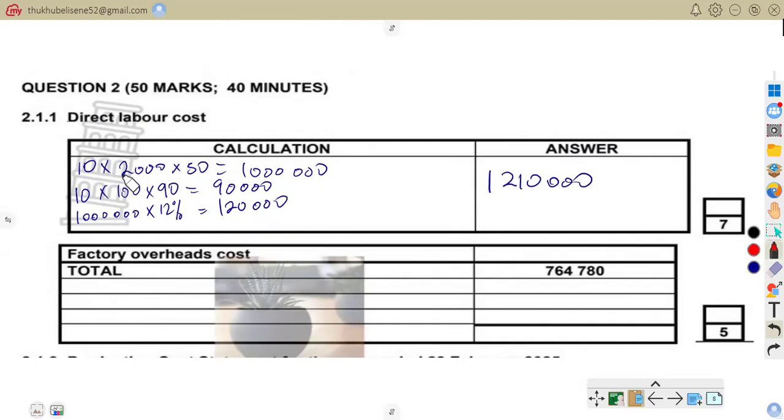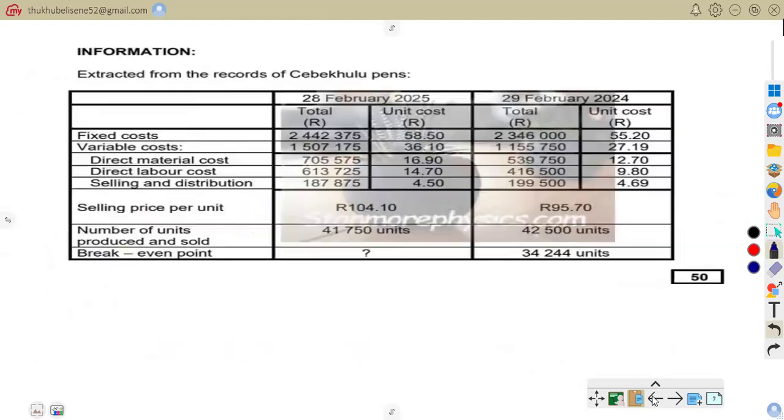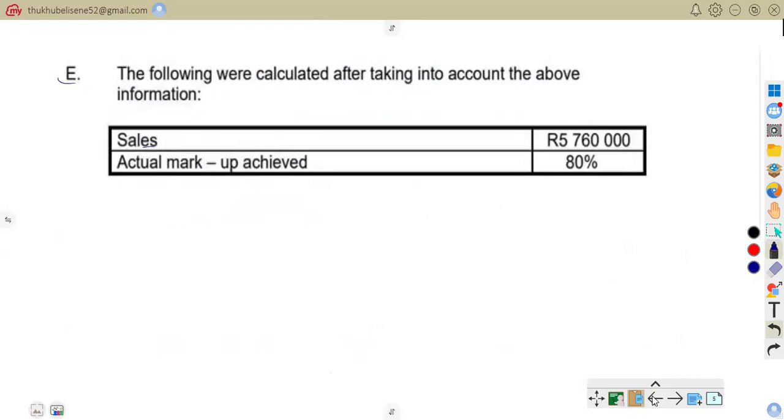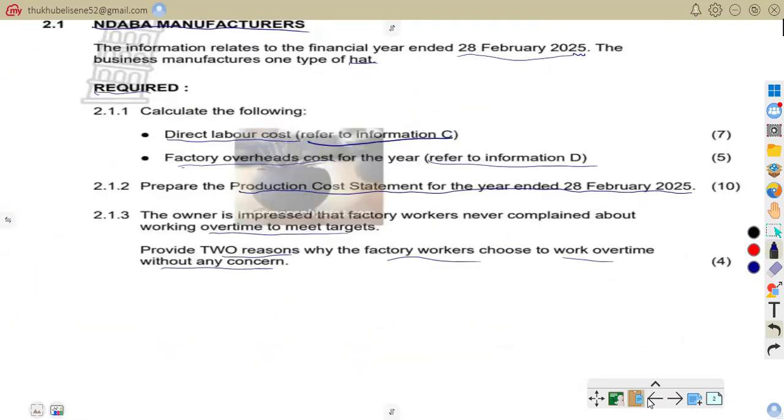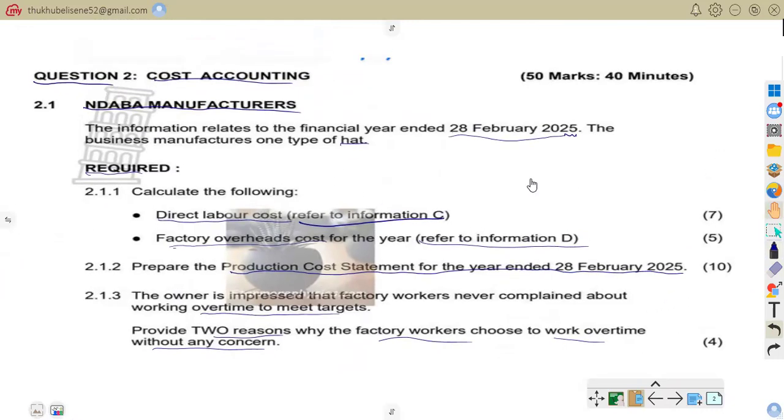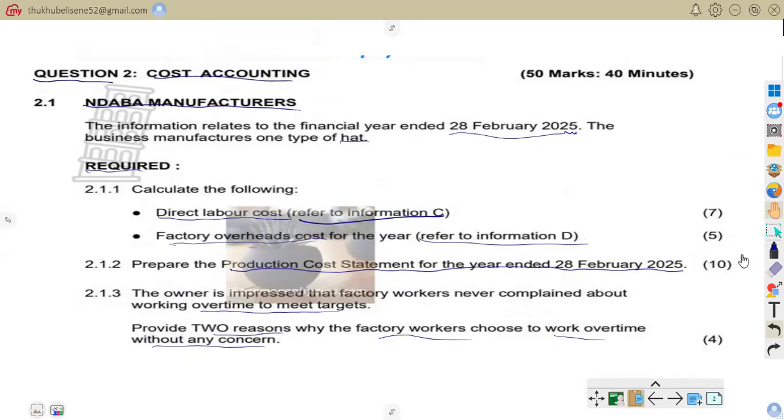So now we are to move on to factory overhead cost. That is the calculation for direct labor cost, and we are done with it.